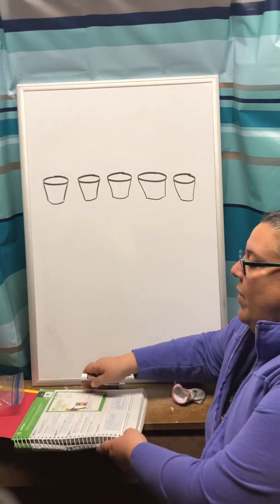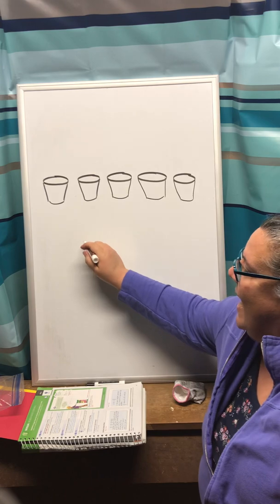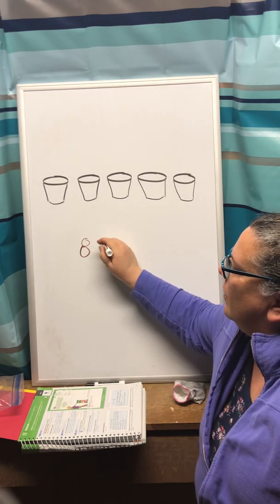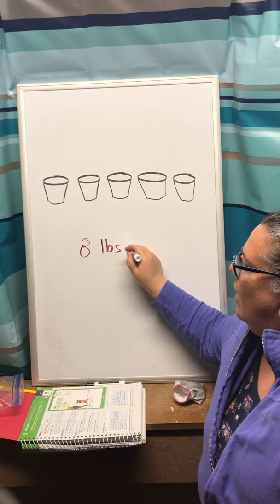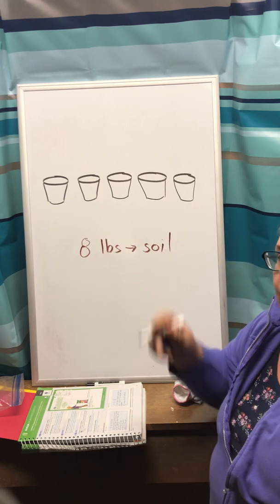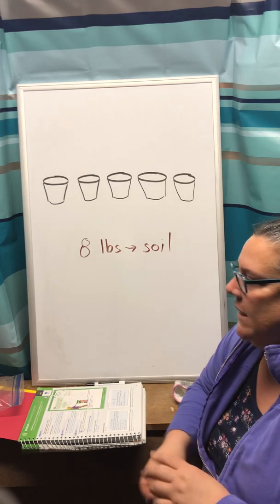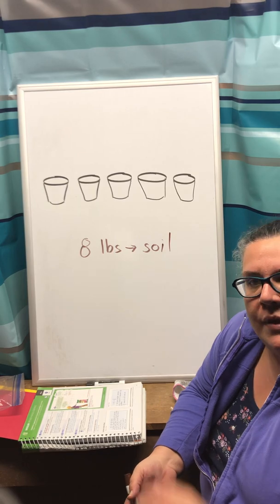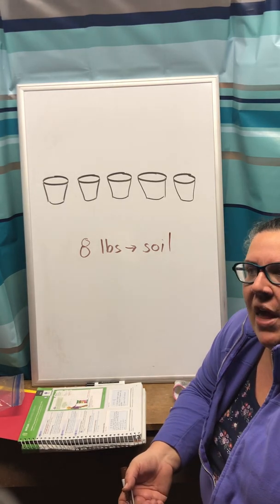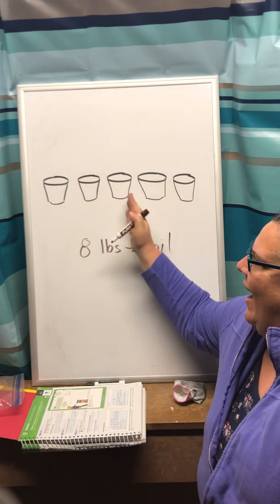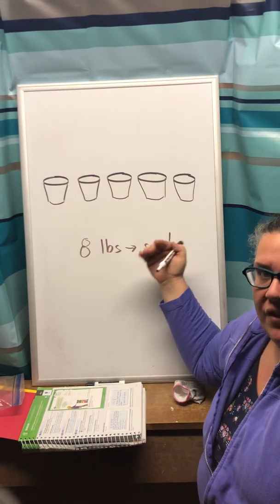So I'm starting with what I already know, and I know that he has 8 pounds of potting soil, and he wants to split it between those 5 flower pots. If I'm going to use a picture to model this math, I can think about putting 1 pound into each of the flower pots first.